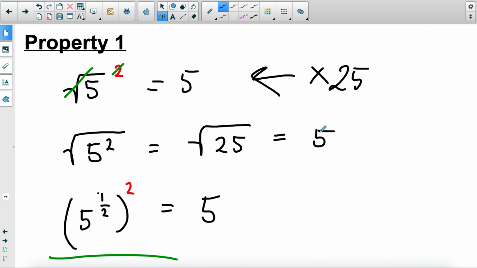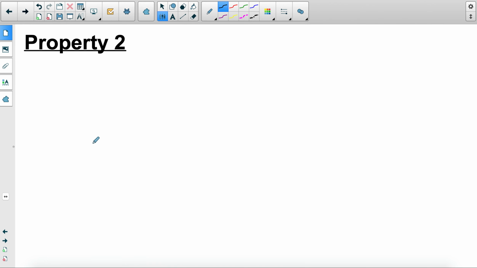So this is the first property, and I've gone through a lot of examples just to illustrate how useful this is. The other property I want to go through, which is quite an easy, simple one, is that we can add and subtract surds as we do with like terms.